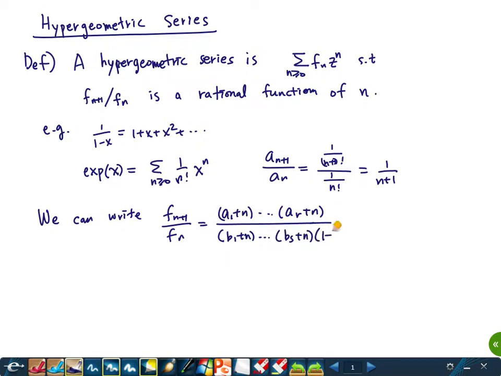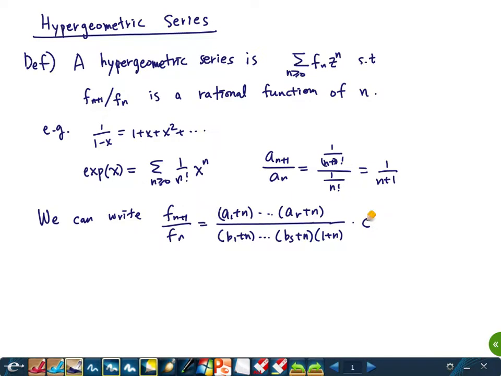And for some reason, we will always include 1 plus n in the denominator, times a constant. If there is no factor like this, we can multiply both the numerator and denominator so that we always have this factor there. The a's, b's, and c are constants.